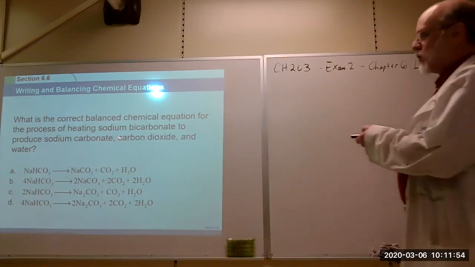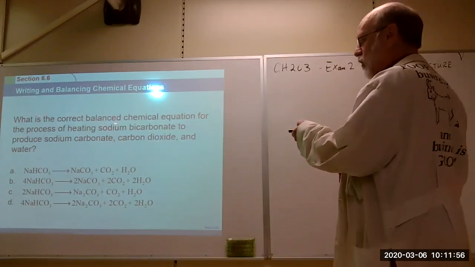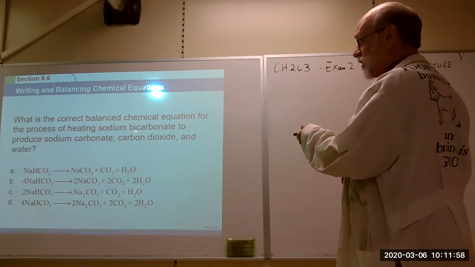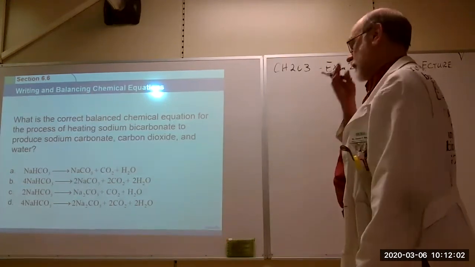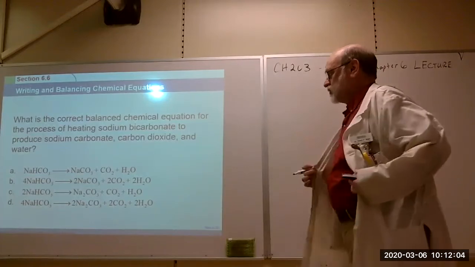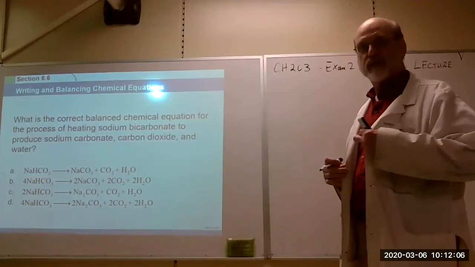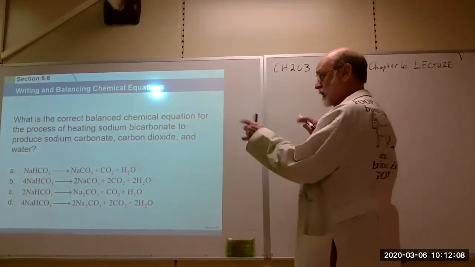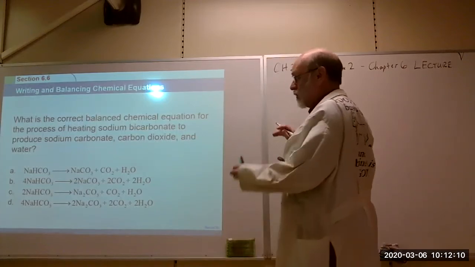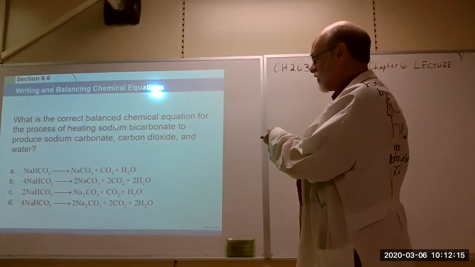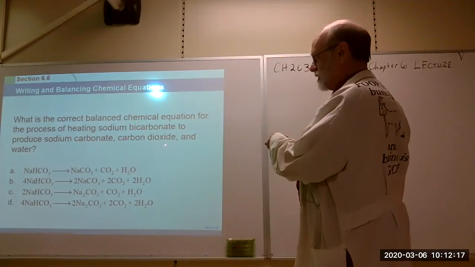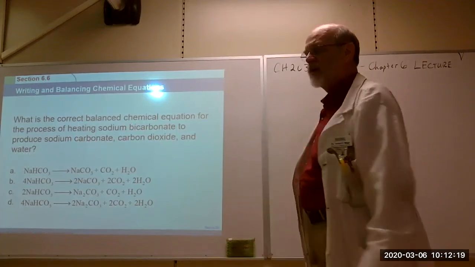So here's one where we say, what's the balanced equation for heating sodium bicarbonate to produce sodium carbonate, carbon dioxide, and water? And my general chemistry students do that in the lab and do the calculations. So in order to heat this to produce these things, this is the reactant, these are the products, right? So we need to write sodium bicarbonate.